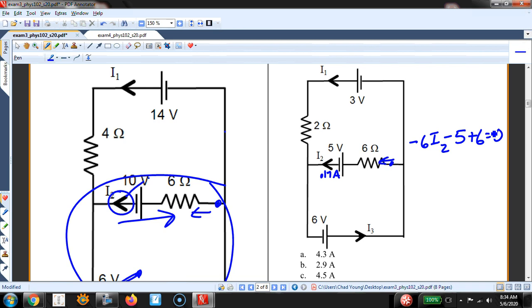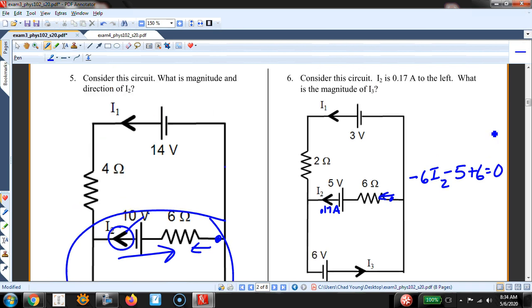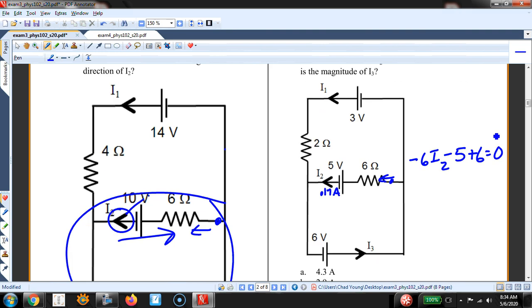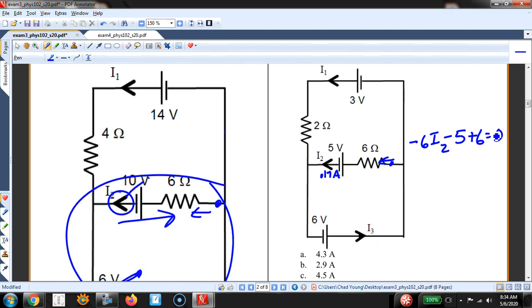Actually, no, never mind. I'm sorry. What I have to do here, I'm looking for I3. Notice this doesn't have I3. In fact, this equation doesn't really help me at all because I know what I2 is. If I have a loop that doesn't have a resistor in it, and I need to find its current, then I'm going to have to use the junction rule because that'll be the only other equation where that current shows up. So I'm going to write the junction rule right here.